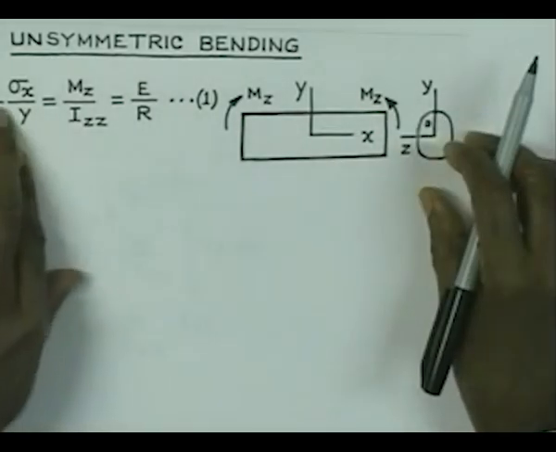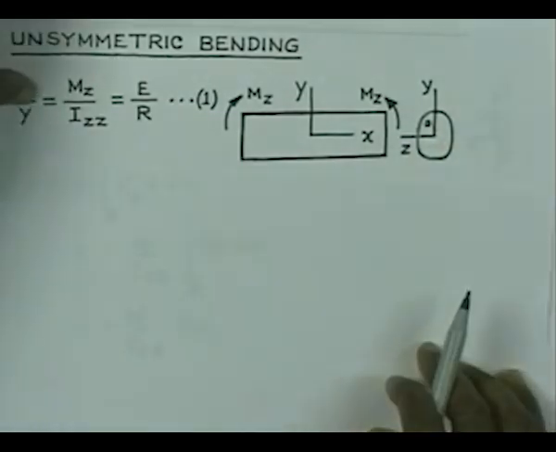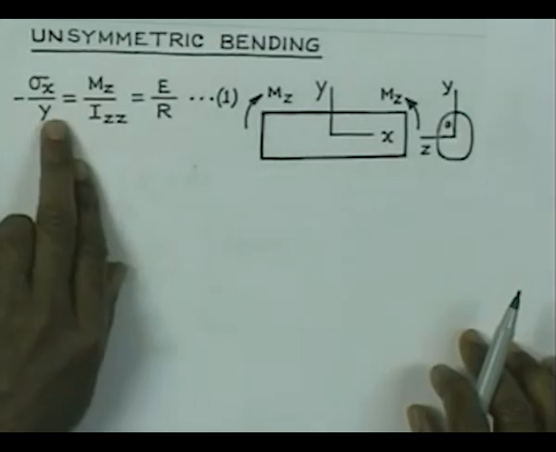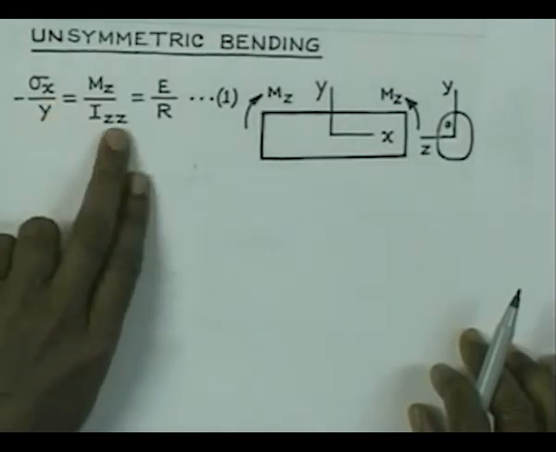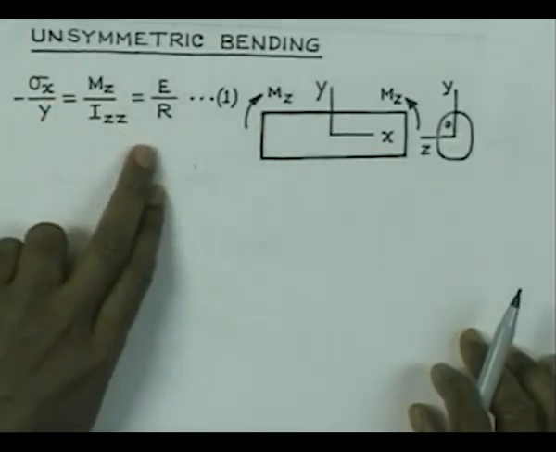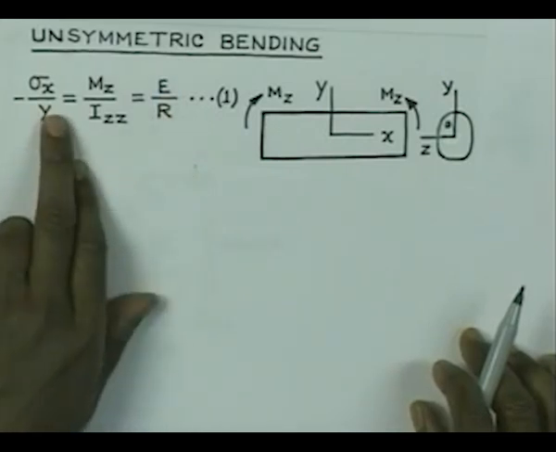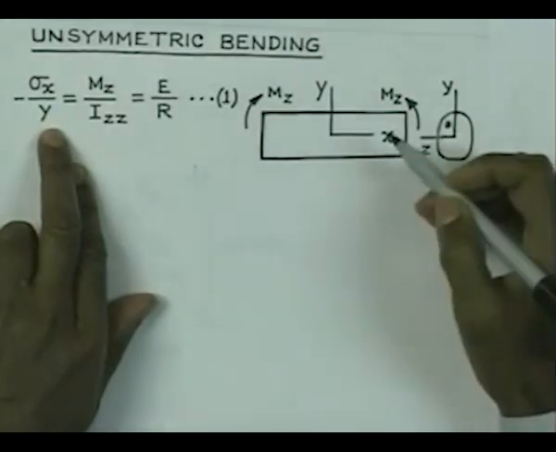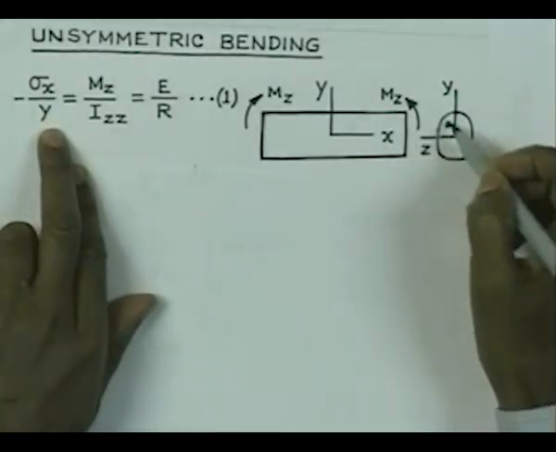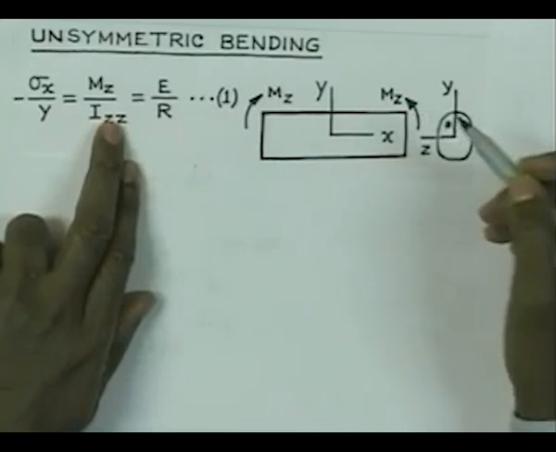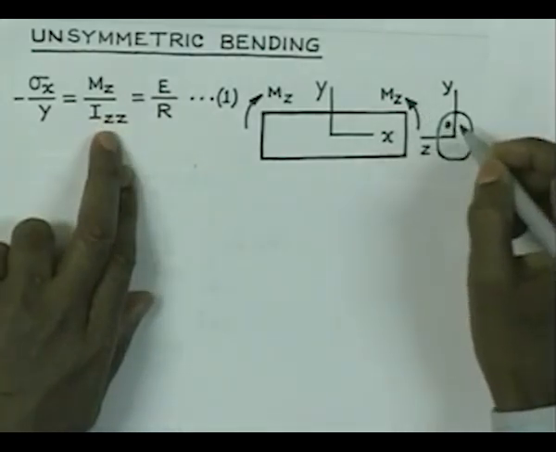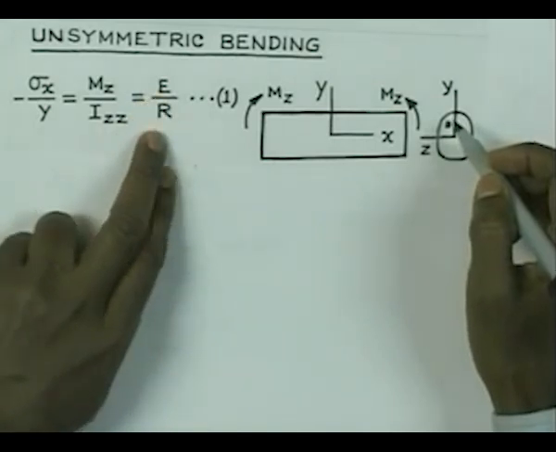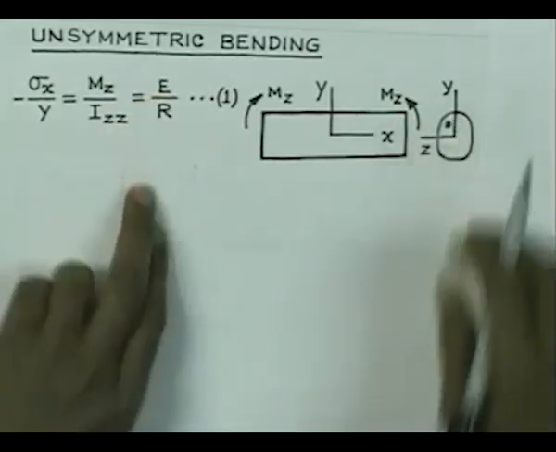Then you have already derived the flexure formula, which gives you the stress distribution in the cross section, which is like this: minus sigma x by y is equal to Mz by Izz equal to E by R, where sigma x is the stress acting at any point on the cross section in the x direction, y is the distance of the point from the z axis, Mz is the moment, Izz is the moment of inertia of this cross section about the z axis, E was the modulus of elasticity of the material, R is the radius of curvature.